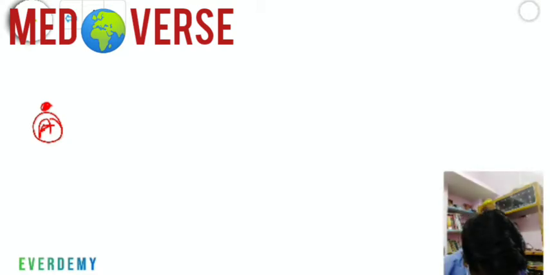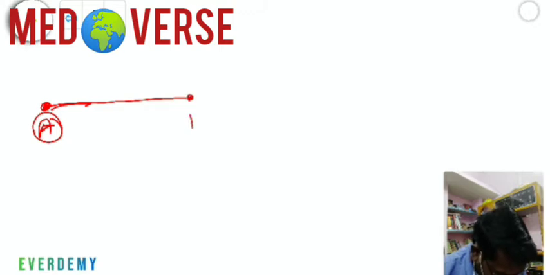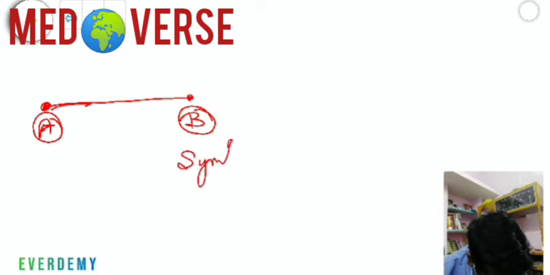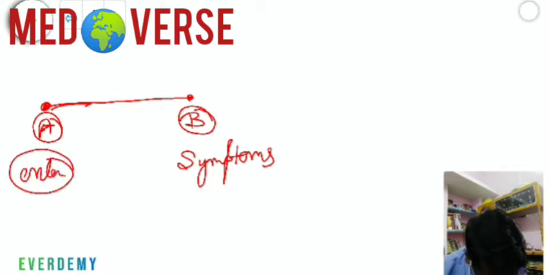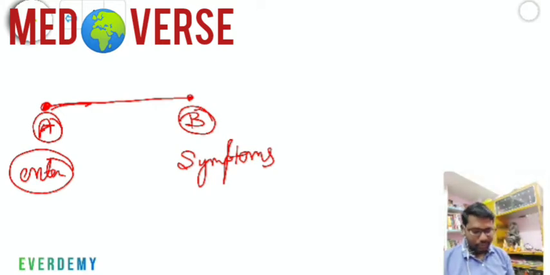Now, after the pathogen has entered your body, at point B symptoms started. So the pathogen enters your body at point A and the symptoms start at point B. This time period is called the incubation period.